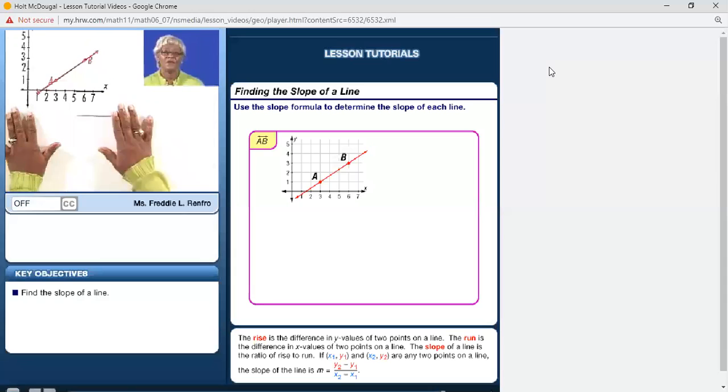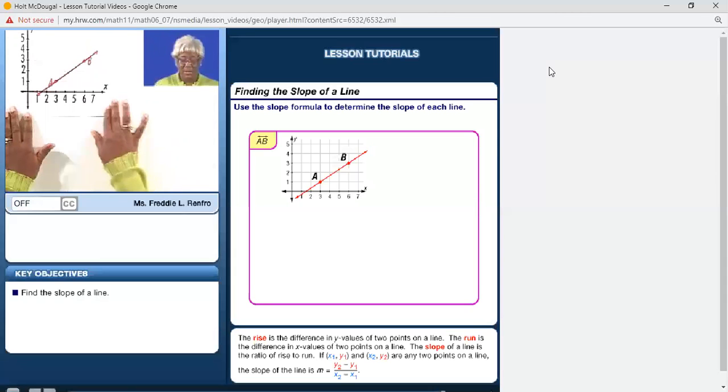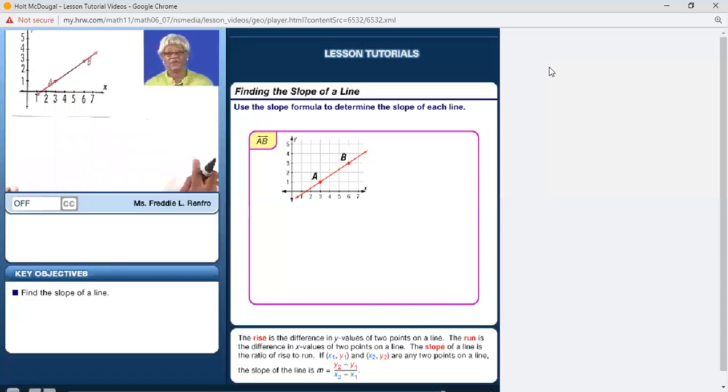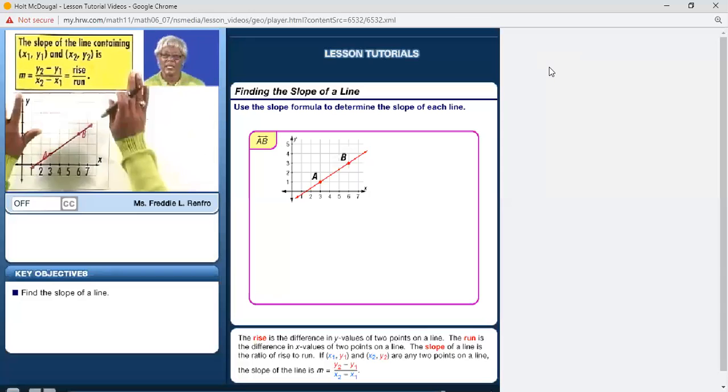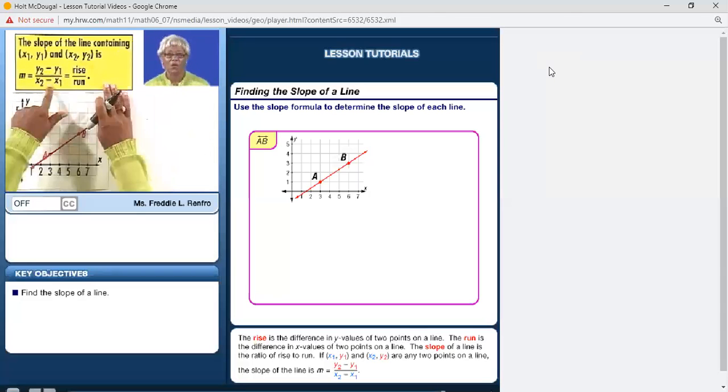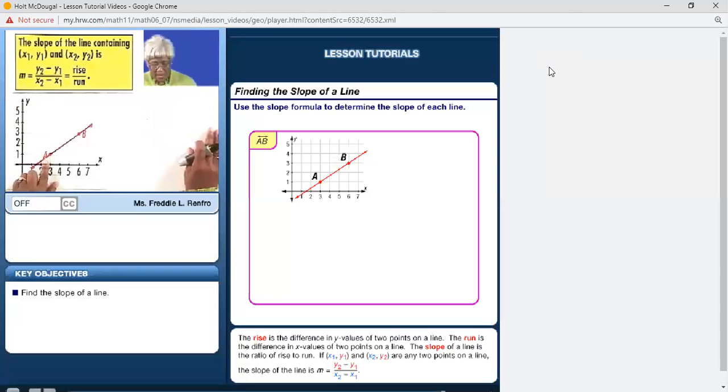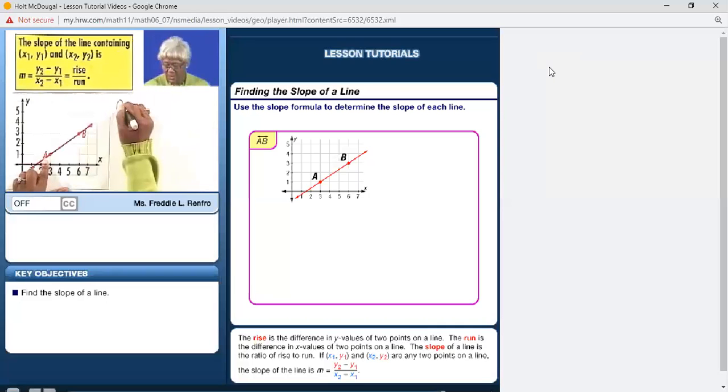The first example we have is line AB. We're going to have to first determine the coordinates of that line. And we have 2 points. I'm going to put this up here so we can remember our slope formula. The coordinates of point A are 3, 1.